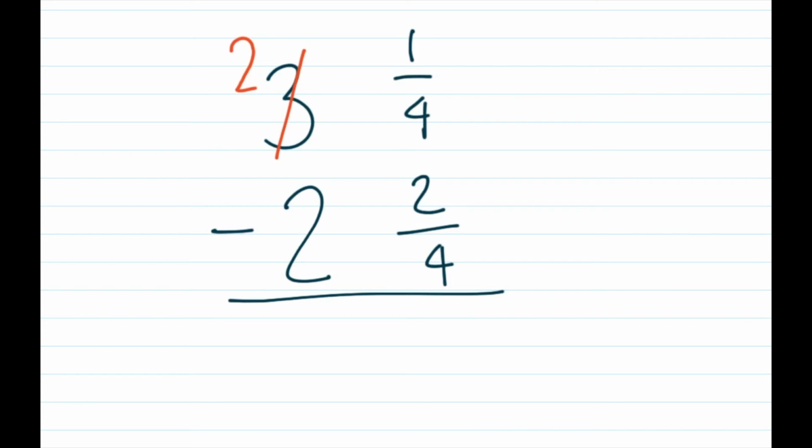So how can I add the 1 that I borrowed from the 3 to the 1/4? I can add it using a fraction. Remember the fraction that means 1 is the one that has the same number in the numerator and the denominator. So in this case, I have a 4 as a denominator, so I have to use 4/4.